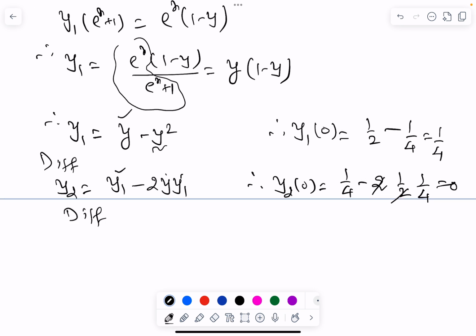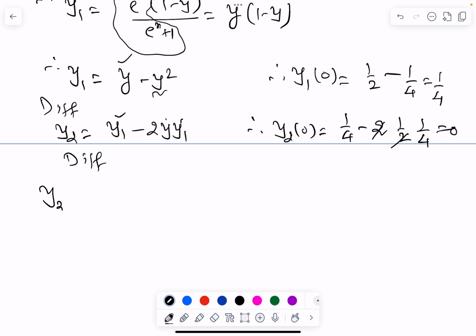Again differentiate. Y3 equal to, derivative of y1 is y2, minus 2, derivative of y is y1. y1 is already there, so that is y1 square, minus 2y, and derivative of y1 is y2.